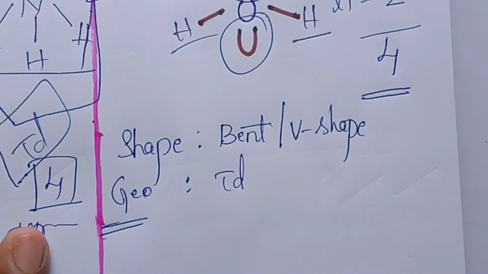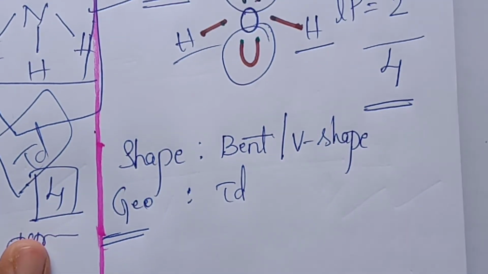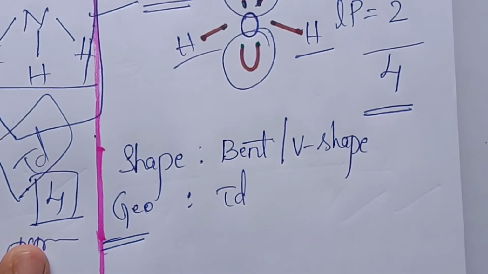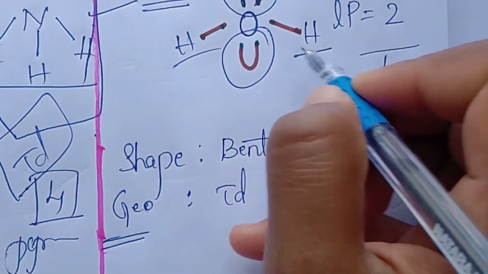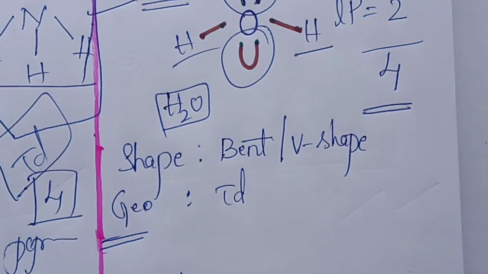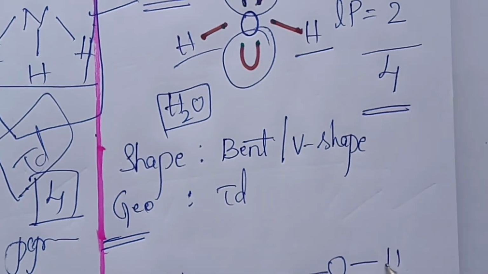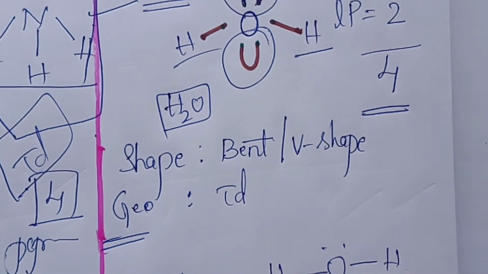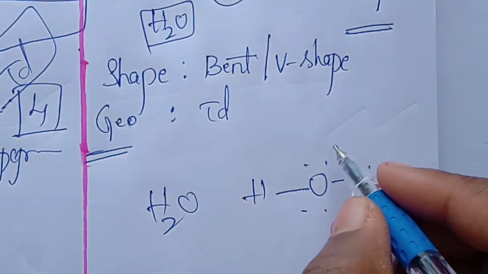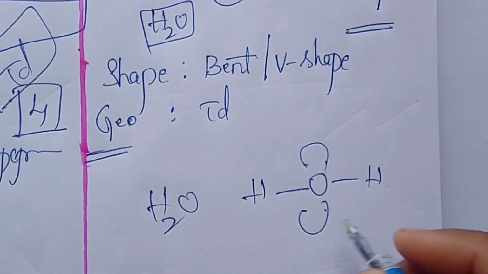How does it acquire a bent or V shape? I think one doubt will arise from this H2O molecule. H2O: oxygen, hydrogen, hydrogen. It has two lone pairs.